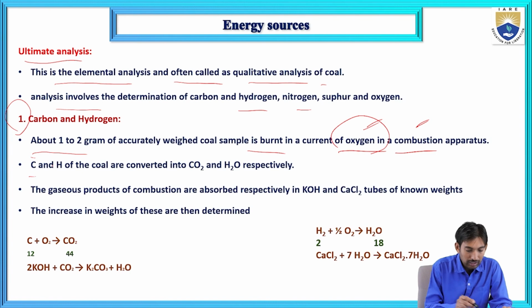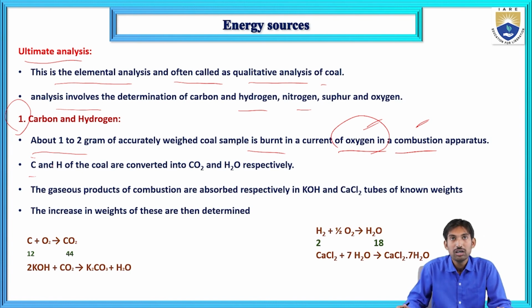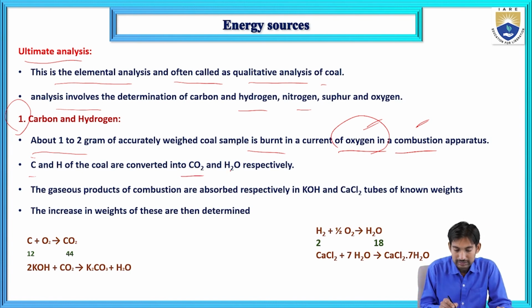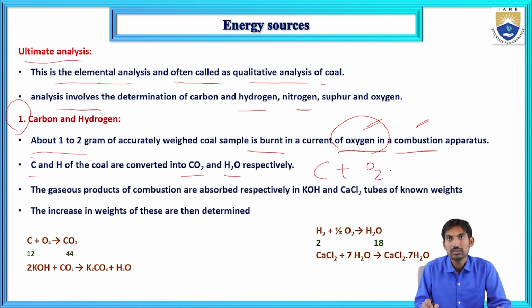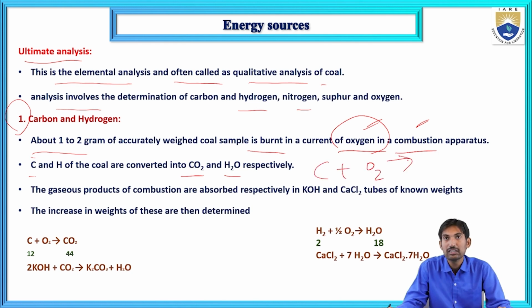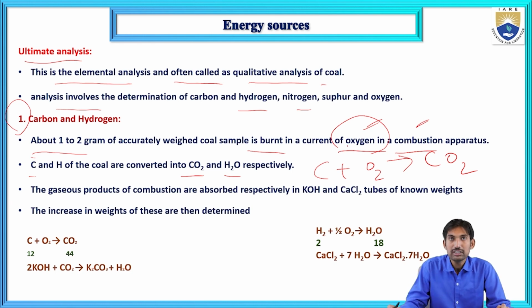Carbon and hydrogen of the coal are converted into carbon dioxide and water. Carbon reacts with oxygen and forms carbon dioxide. This is the combustion reaction.